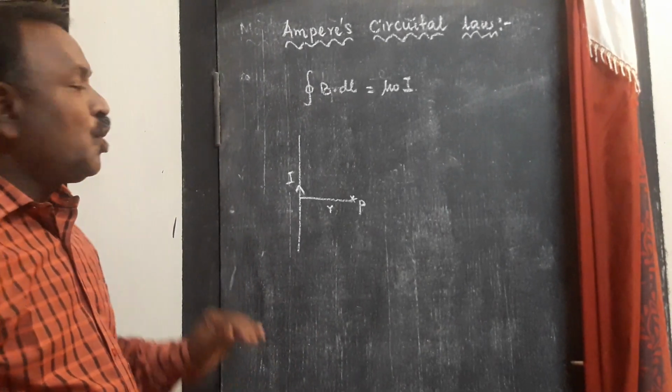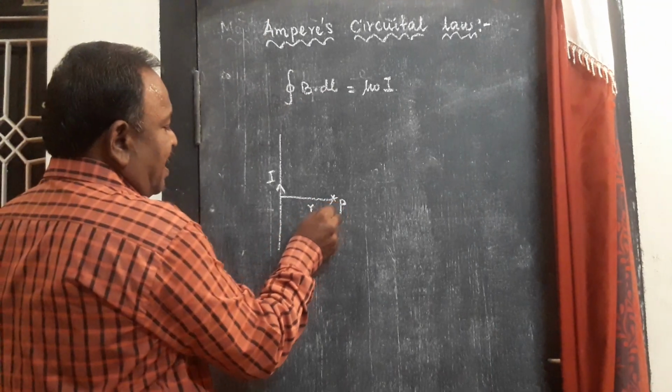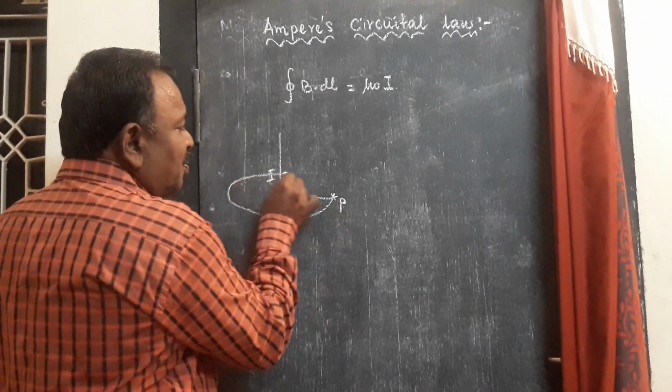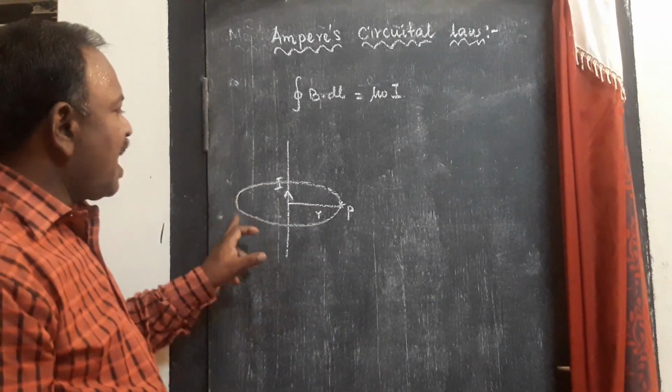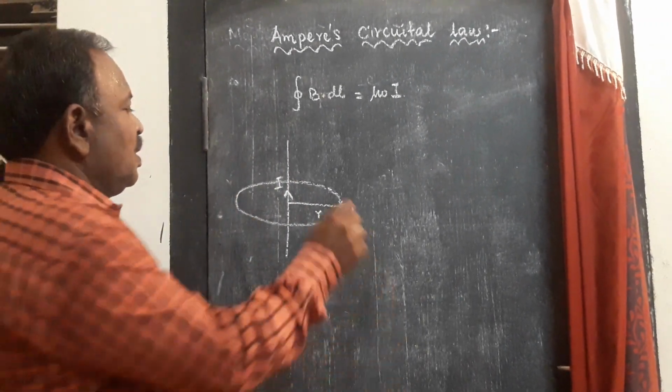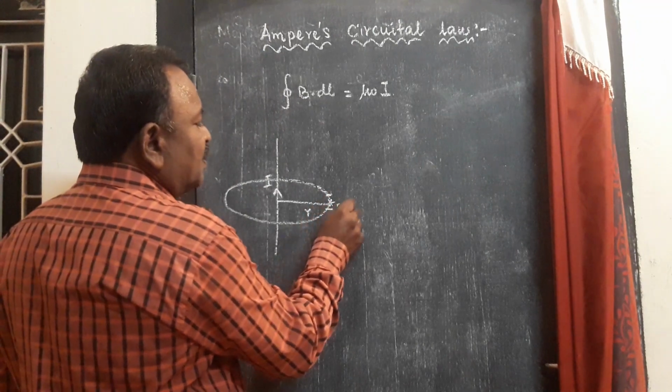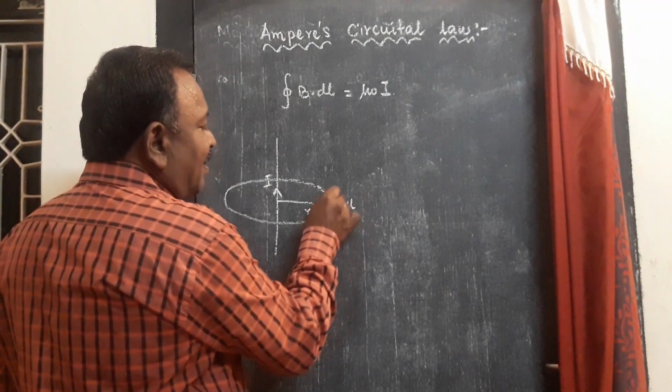Now you construct an Amperian loop with r as the radius. This is the Amperian loop. Let dl be the small element.